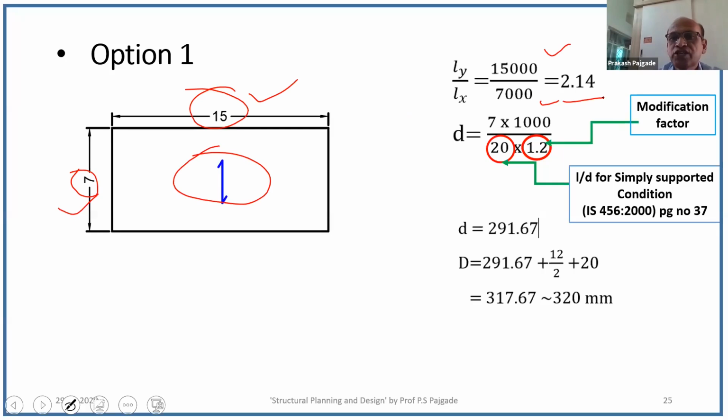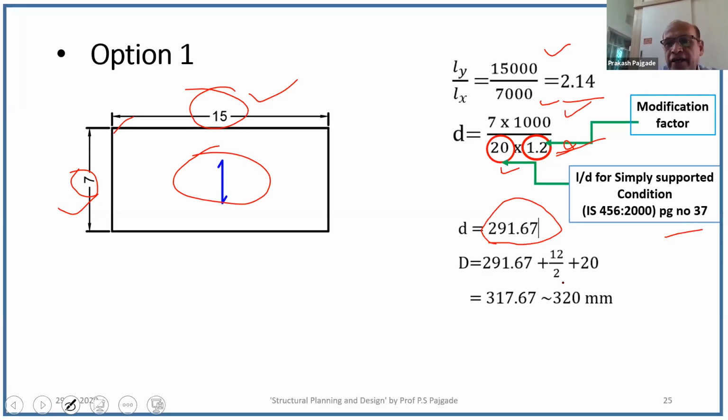And for calculation of depth, it will be 7,000 divided by 20. This is the L by D ratio for simply supported condition given in IS 456, and there is a modification factor depending upon the percentage of steel. So we will have a requirement of depth equal to 291 millimeter.